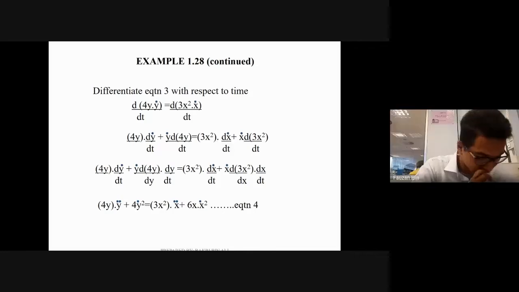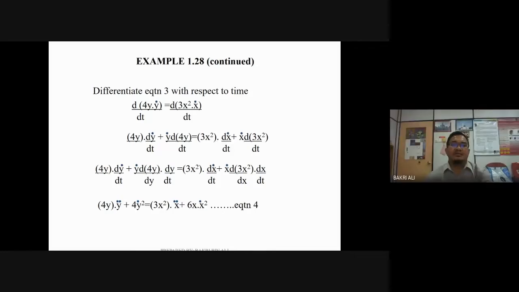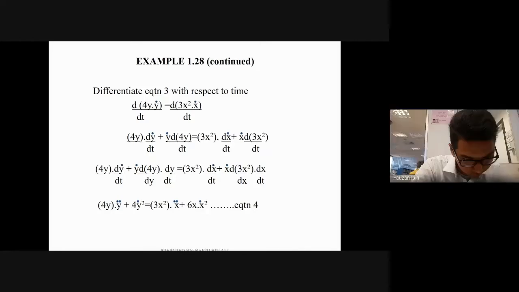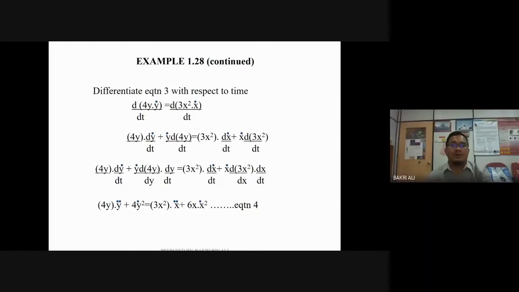And this is y double dot. And d 4y over dt is a different function, we cannot differentiate directly, so we again use the chain rule technique. D 4y over dy multiplied by dy over dt, and that will give us 4y dot squared.